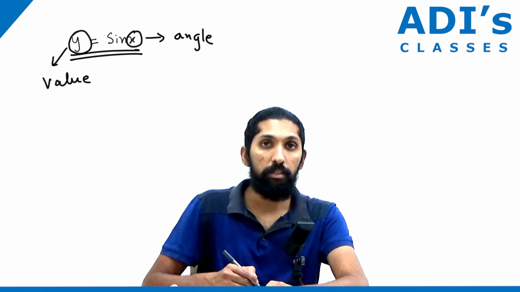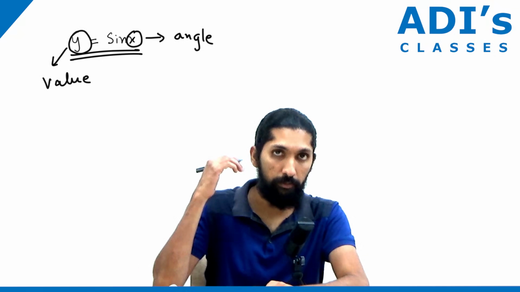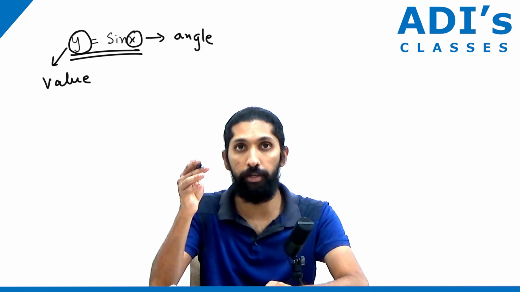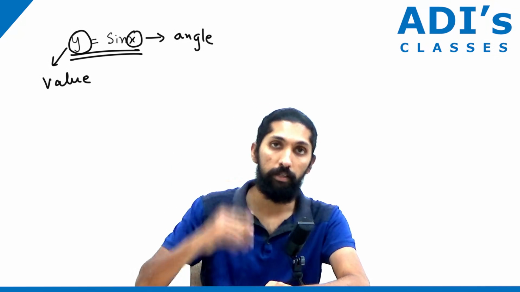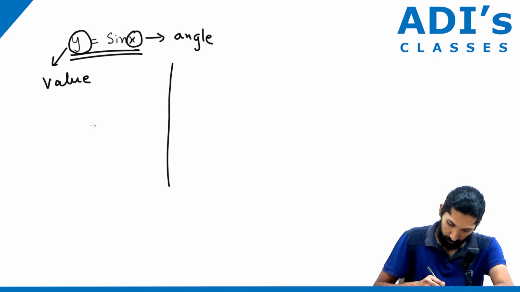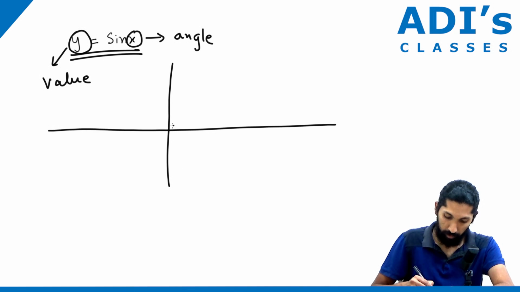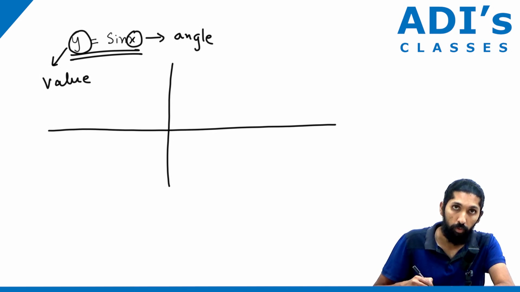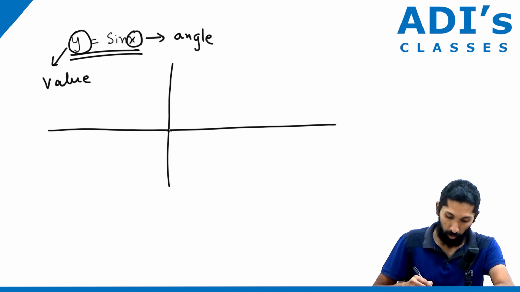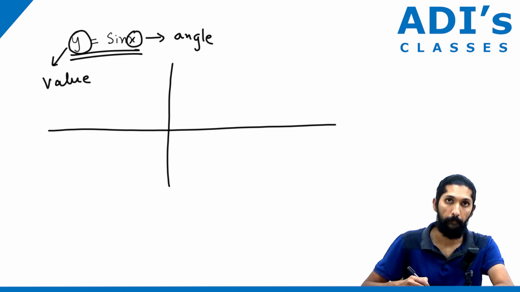So when you have y is equal to sine x, as the value of x changes, the y value is correspondingly going to change. Suppose we start from the origin, 0. What is sine 0? 0. That means we are at the origin itself, no change.